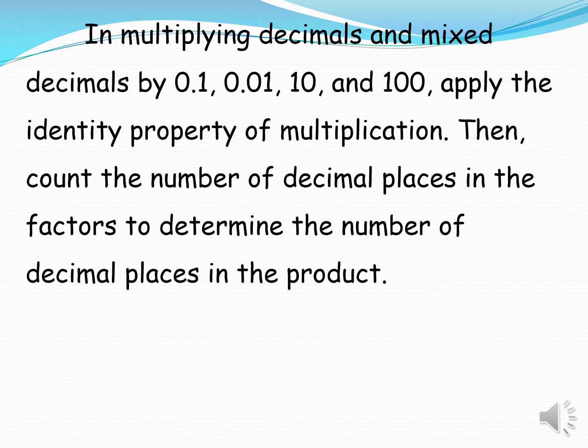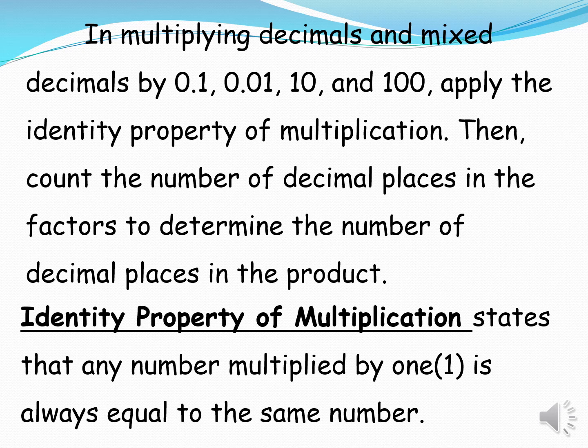In multiplying decimals and mixed decimals by 1/10, 1/100, 10, and 100, apply the identity property of multiplication. Then count the number of decimal places in the factors to determine the number of decimal places in the product.